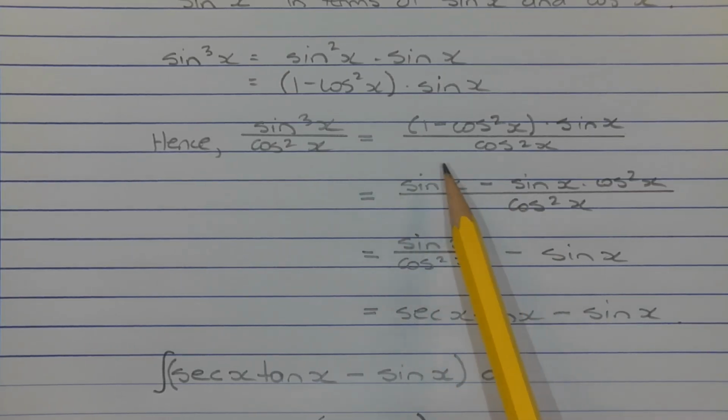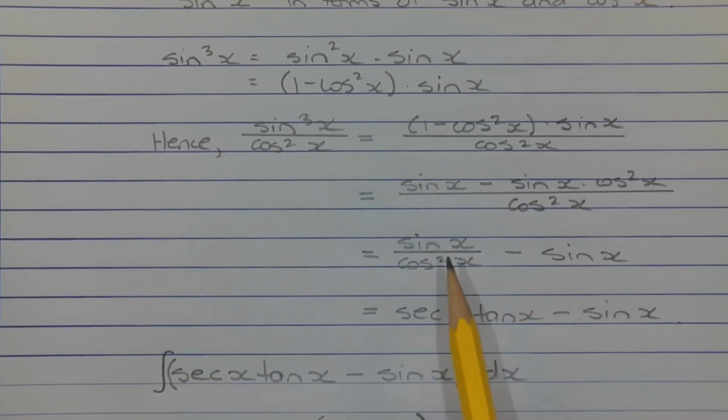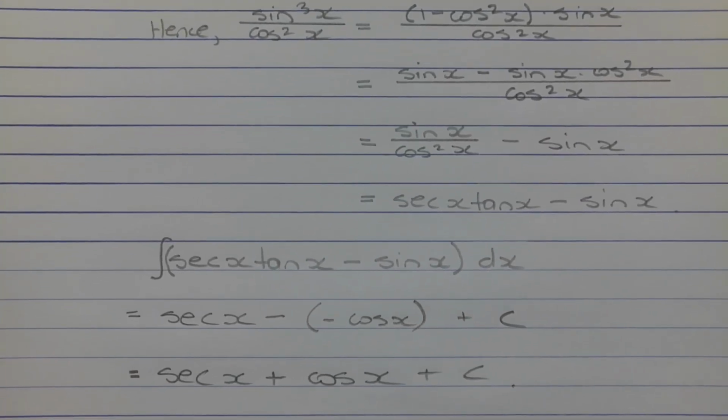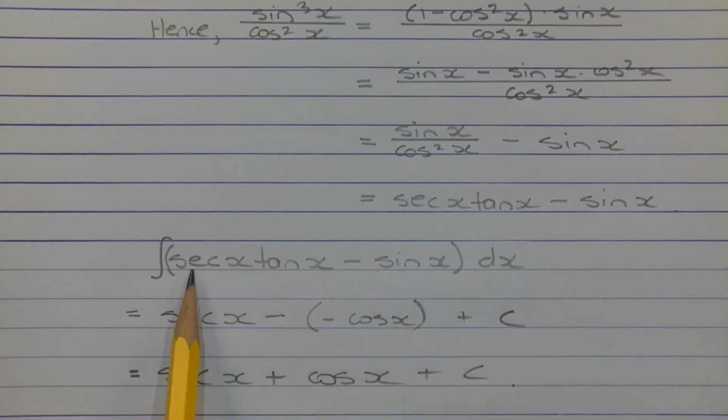And then we're left with sin x over cos² x, which is this term here. Now, sin x over cos² x is sec x times tan x. And we take away from that sin x. So the integrand can be written as sec x tan x minus sin x with respect to x.